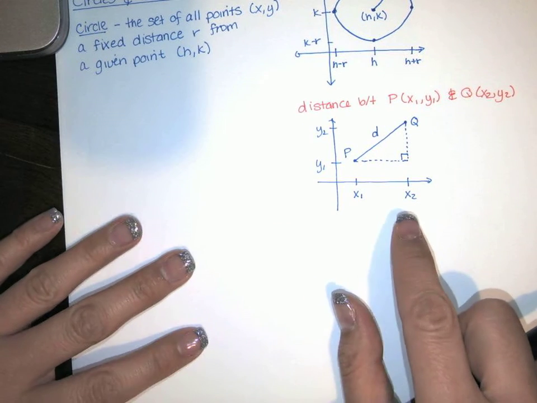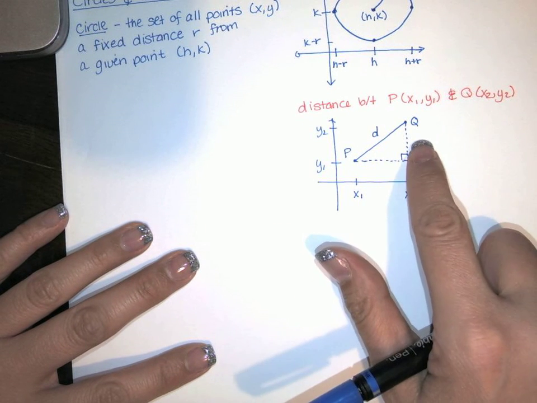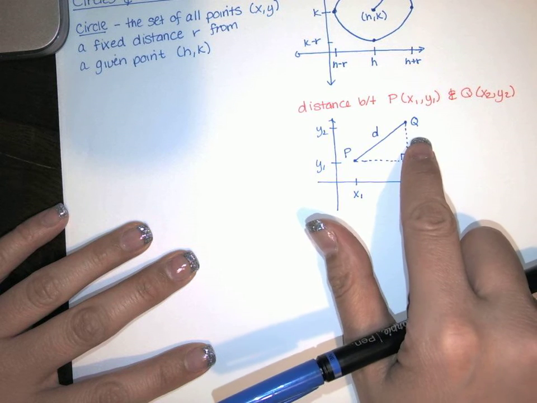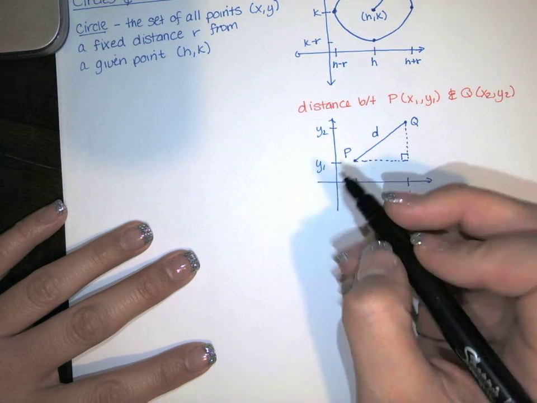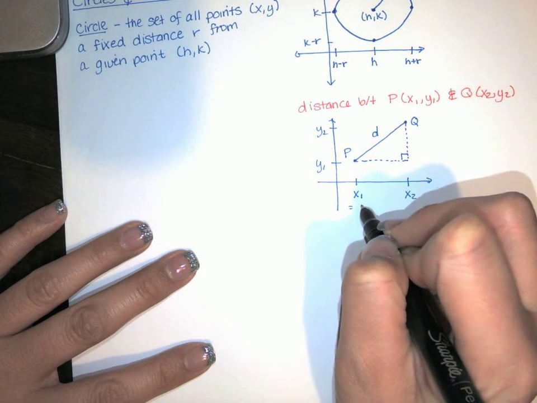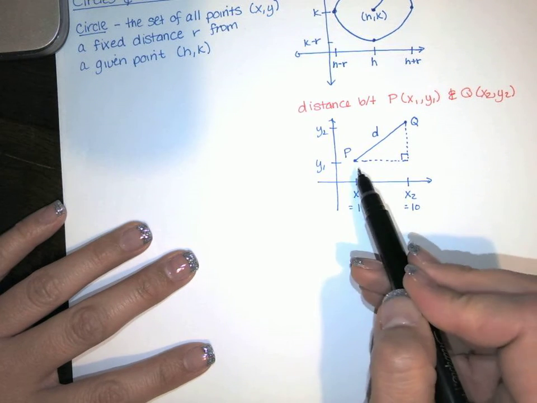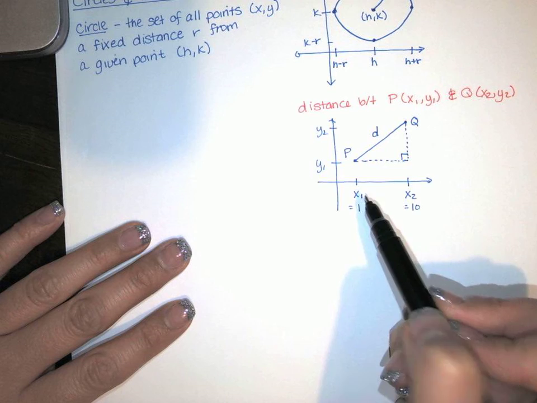And we know from the Pythagorean Theorem that this side squared plus this side squared equals the hypotenuse squared. We just have to find the lengths of the sides, and then we can solve for the distance d. Now if this was x equals 1 and this was x equals 10, we know the distance between 1 and 10 is 9 because we just take this x value and subtract this x value.